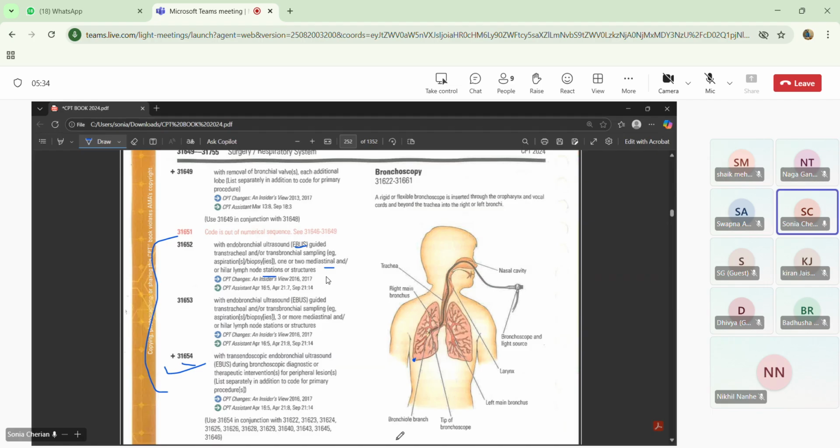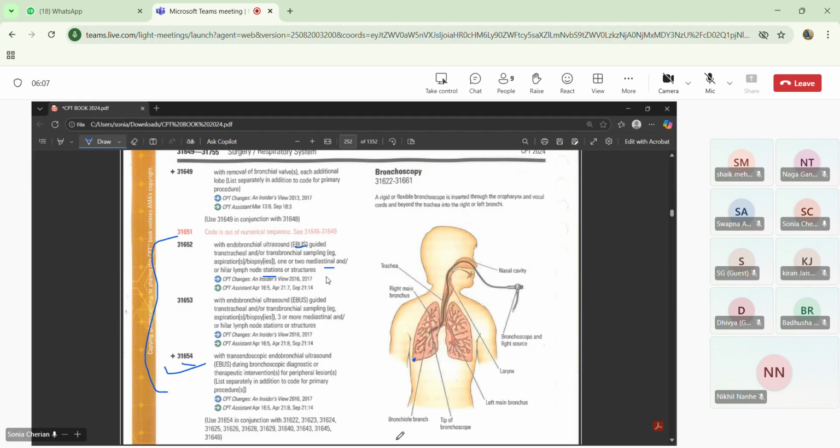Whenever a patient has lung cancer, the fluid will get drained into the lymph system, right? Lymph nodes fight against the cancer cells, but if the cancer cells are vigorous, they metastasize to the lymph nodes. To check if there is any metastasis to the lymph nodes, they will do EBUS, the aspiration biopsy from the lymph node stations. So that is one thing you can say.